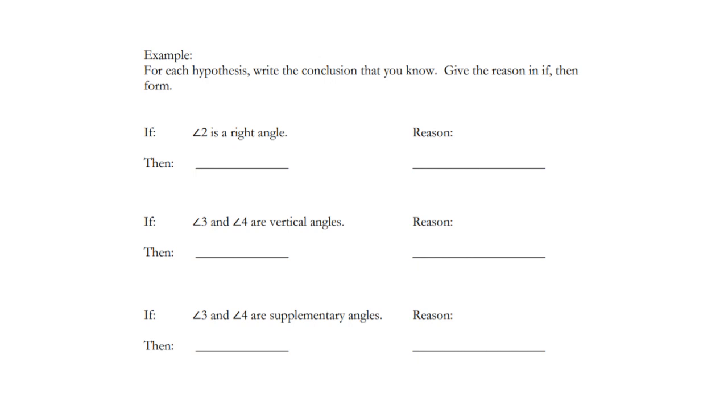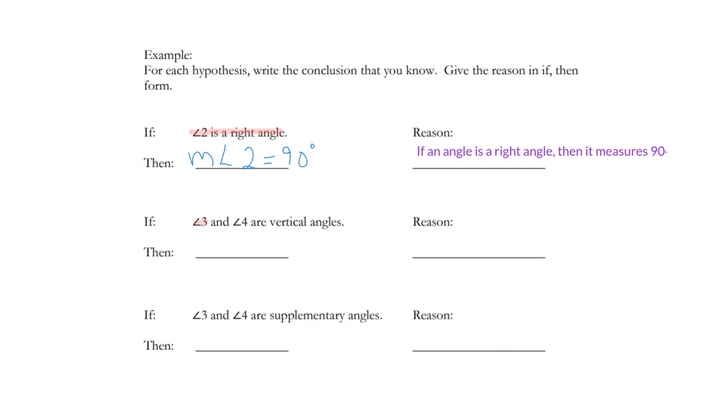Well, you should have written, because again, here's our hypothesis, angle 2 is a right angle. Then what do we know? Then we know the measure of angle 2 is 90 degrees. What's the reason in if-then form for that? Well, because if an angle is a right angle, then it measures 90 degrees.